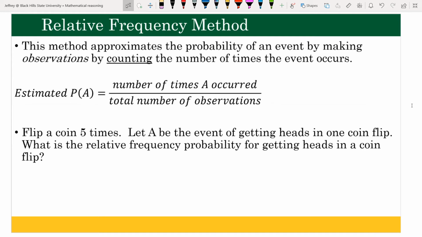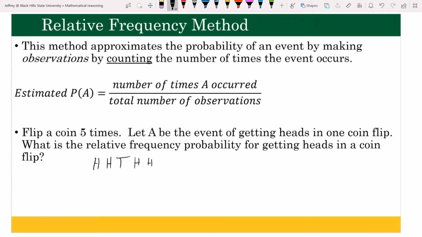The relative frequency is pretty straightforward. You just count how many times something occurs, and you divide it by the total number of times that you observed something as the procedure is running. Think of this as flipping a coin 5 times. Let's say you get heads, heads, tails, heads, heads, so you end up with 4 heads and 1 tails.